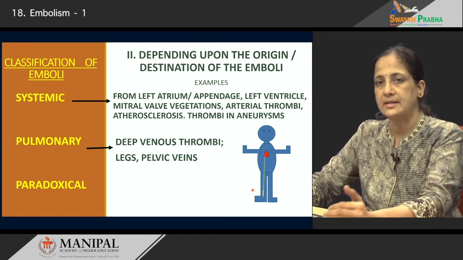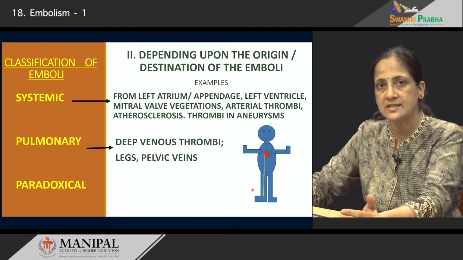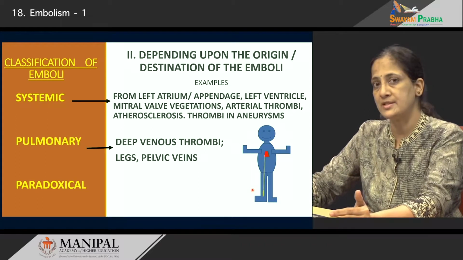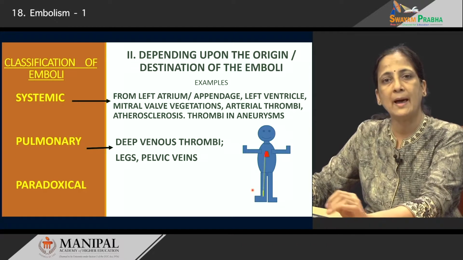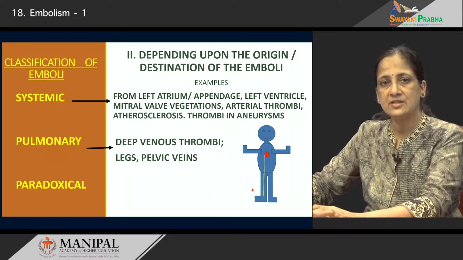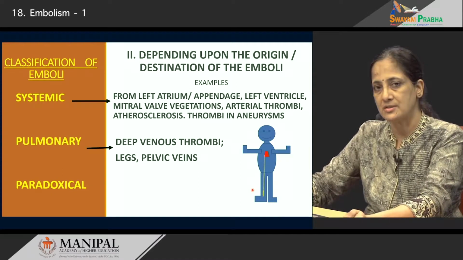Now, besides these two major categories of systemic and pulmonary emboli, there is a third category which is rather strange. It is called a paradoxical embolus. This embolus originates from the venous side of the circulation.